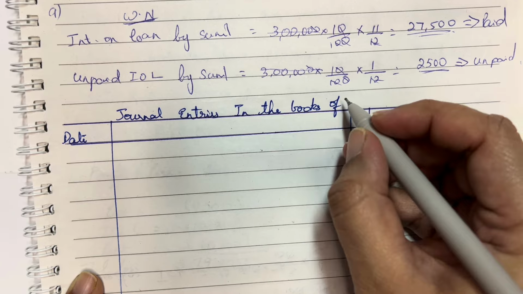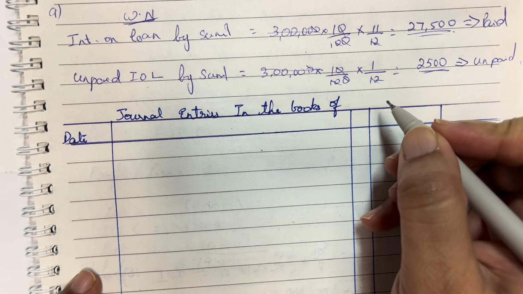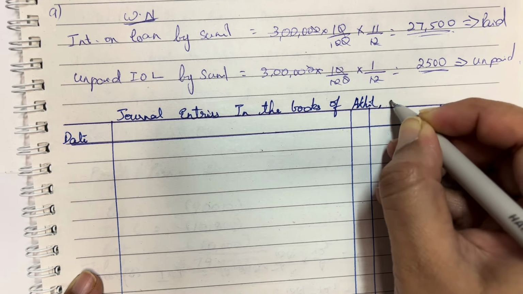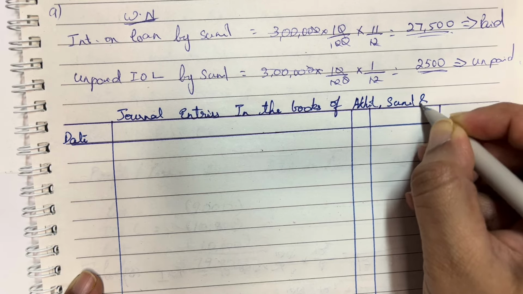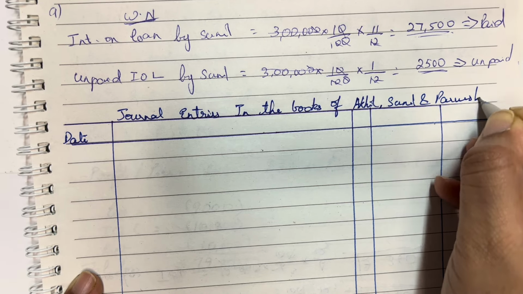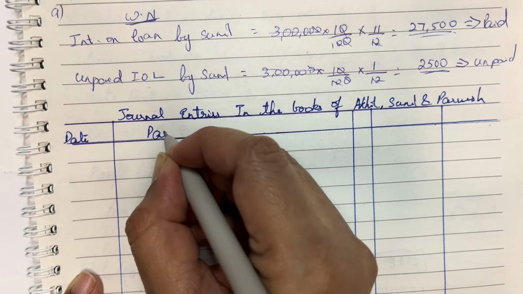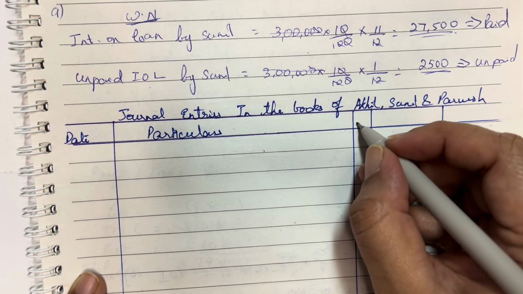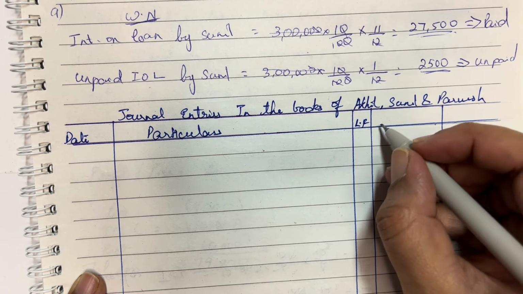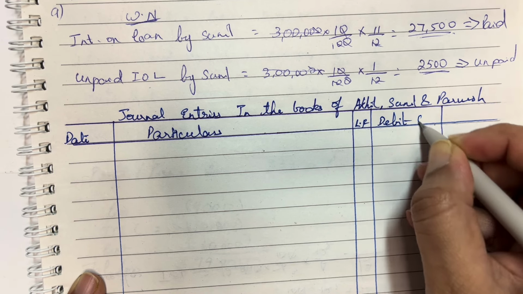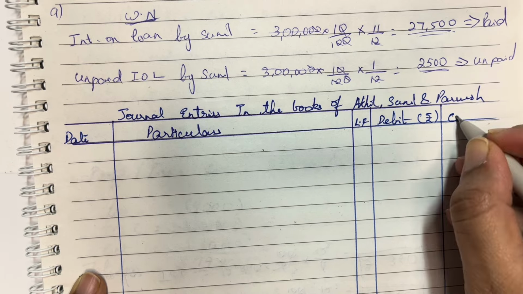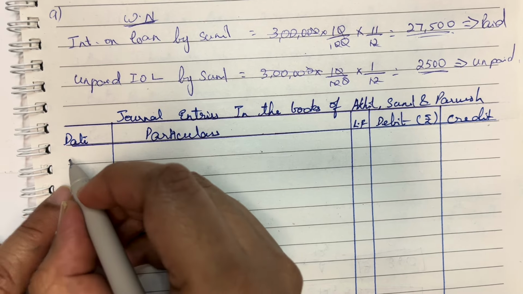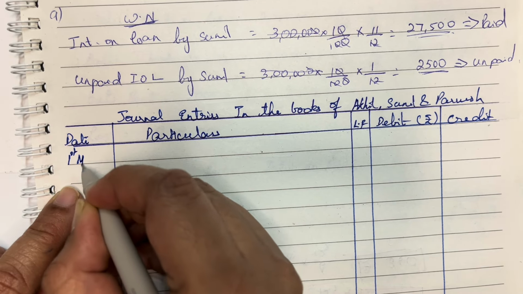In the books of who are the partners? Akhil, Sunil and Parvesh. Date, particulars, then we have ledger folio, and then debit and credit. Okay, our first journal entry would be on 1st of March.